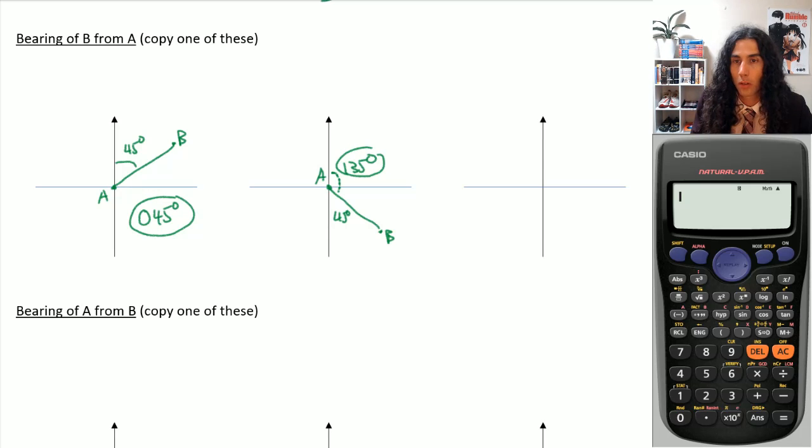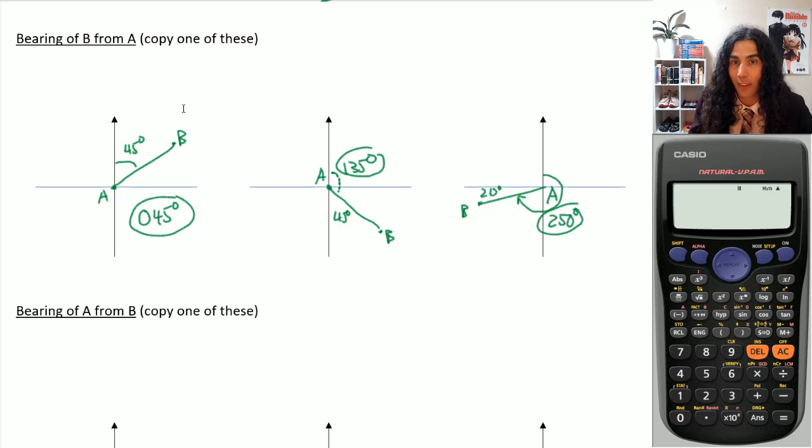We'll do one more over here. If we have B, we got A, and this is our angle of 20. What is the bearing of B from A? You have to go from the north, and you have to go all the way around there. So it would be 270, but 20 short. So it's 250. It's not the full 3/4.